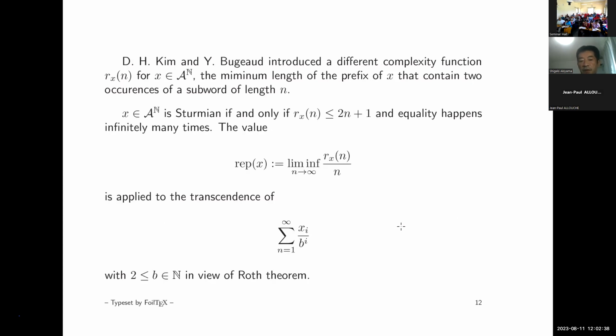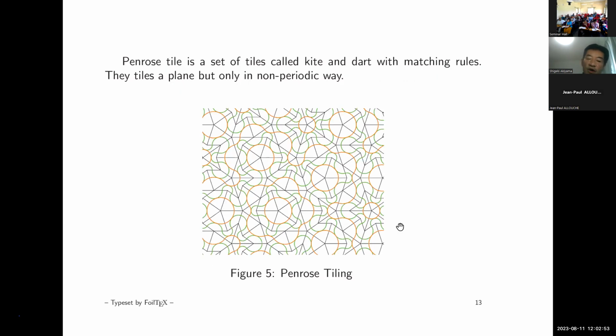And so I don't know the exact reason, but my intuition is that this is prevalent, and I want to understand why this Sturmian sequence appears very often in number theory and other areas.